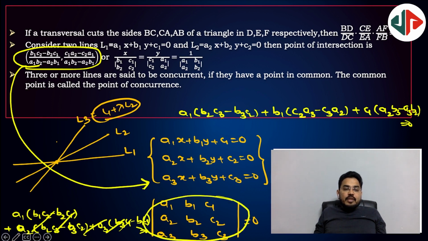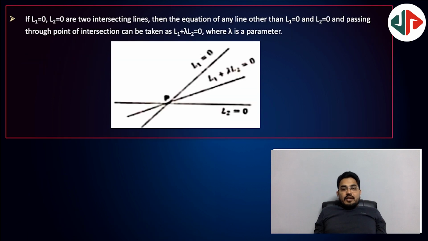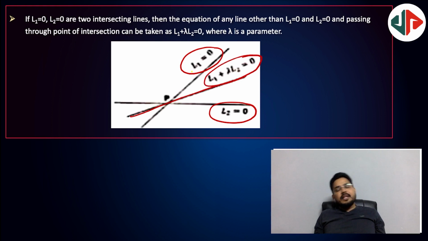That's more than sufficient. So if L1 is equal to 0 and L2 is equal to 0, then any line through the intersection of these is L1 plus lambda L2. So the concurrent line of L1 equal to 0 and L2 equal to 0, you can write as L1 plus lambda L2 is equal to 0.